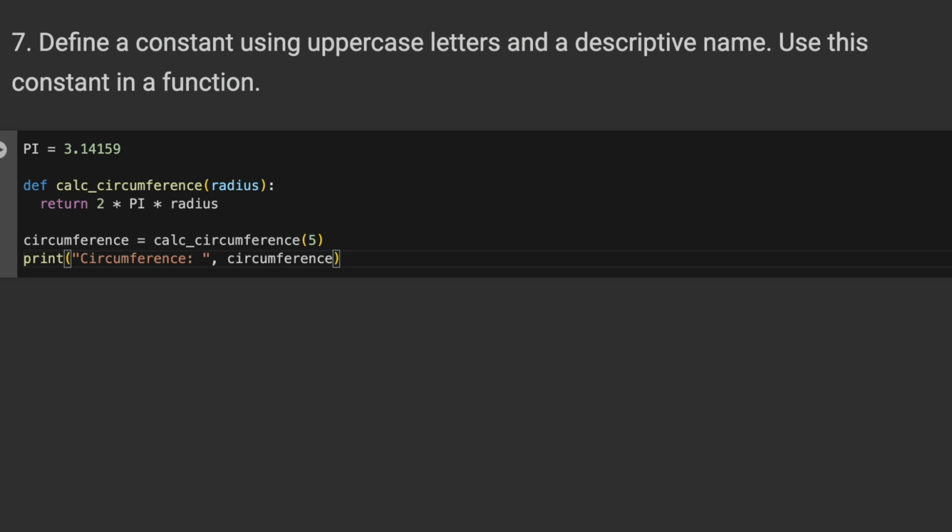Here, pi is our constant. We use it to calculate the circumference of a circle.